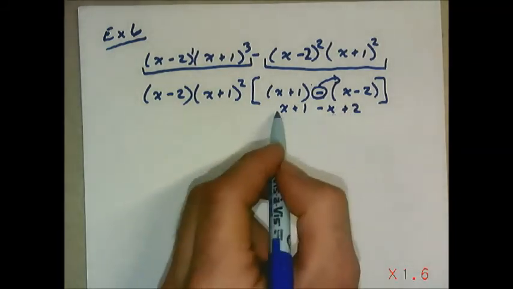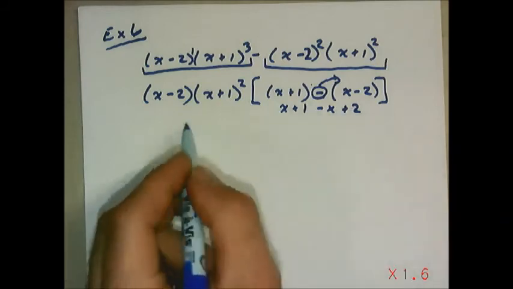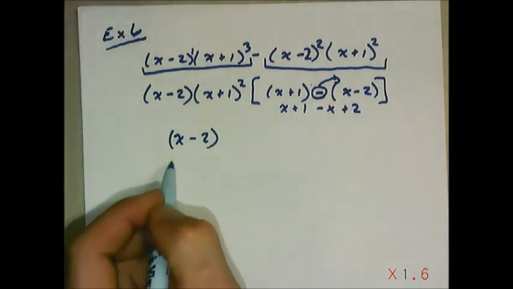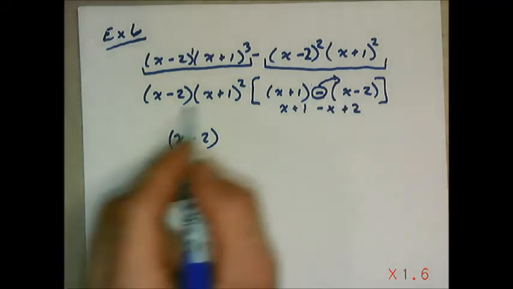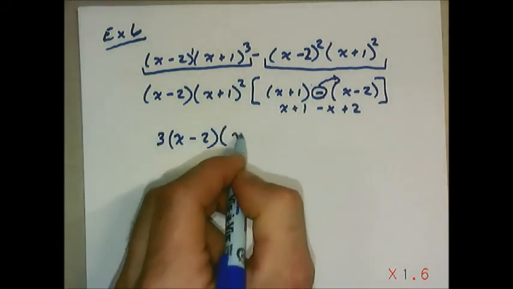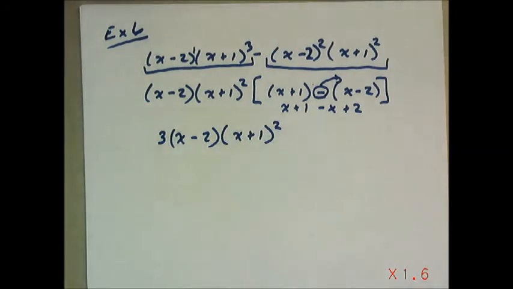My x's here cancel, so I have 1 plus 2 gives me 3. And since it's a monomial, we like to pull that monomial to the front. So I have 3 times x minus 2 times x plus 1 squared. And there's another example of factor by grouping, which we have quantities involved.